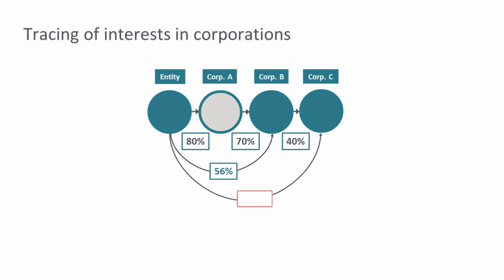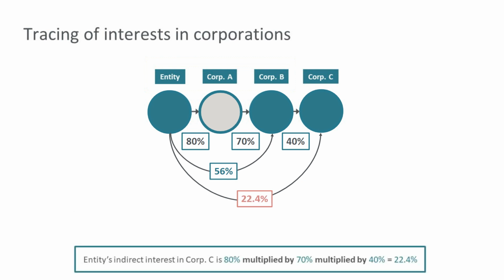The value of the entity's indirect interest in Corporation C is 80% of 70% of 40%. When we do the sums, this equals 22.4% indirect interest in Corporation C, which is less than 50%.